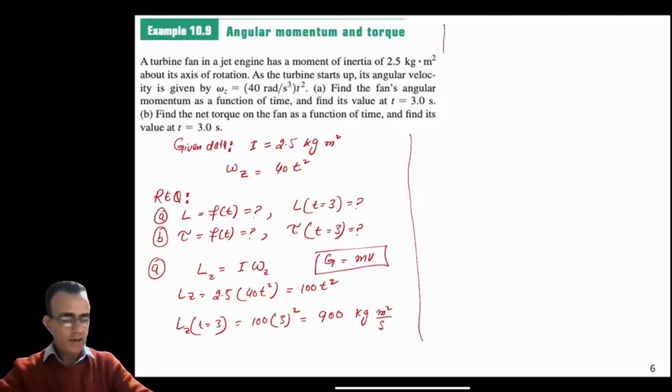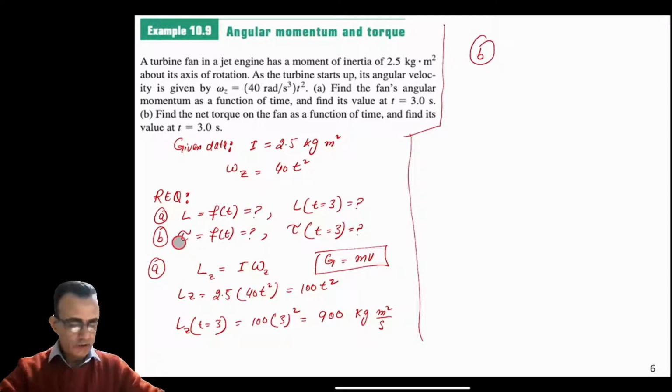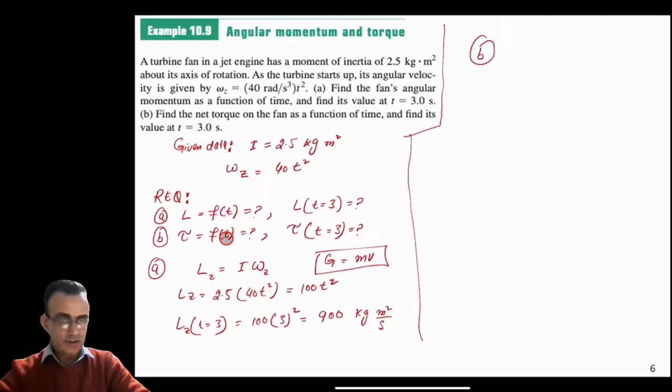Now in part B, you need to calculate tau as a function of time. According to Newton's second law, the summation of all forces is equal to ma, so we can write that torque is equal to I alpha.